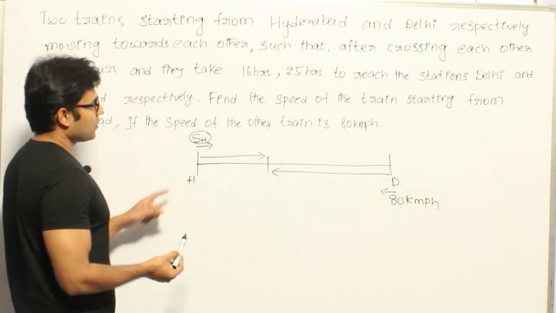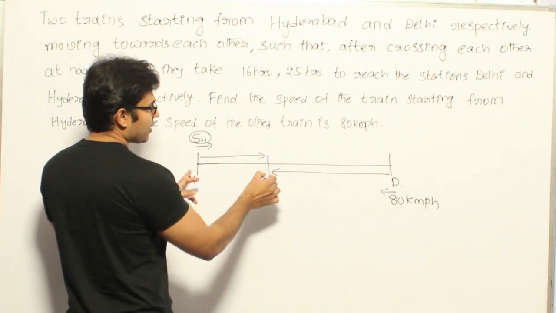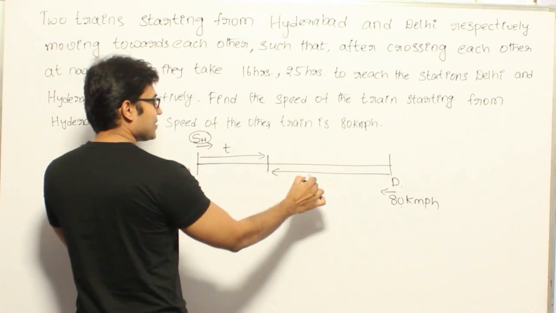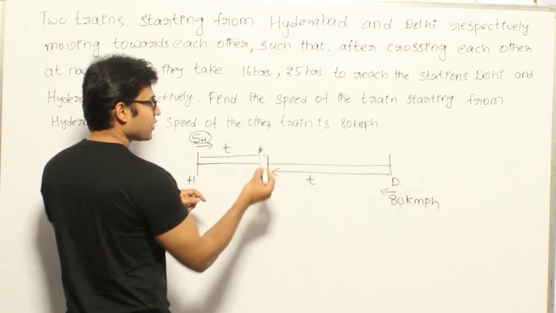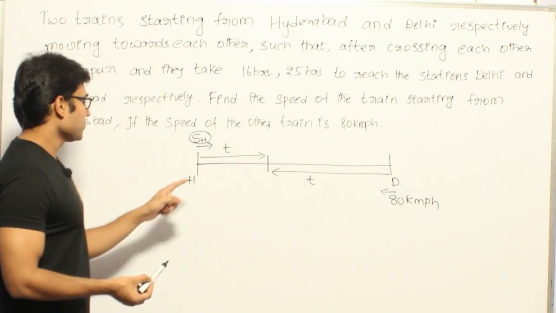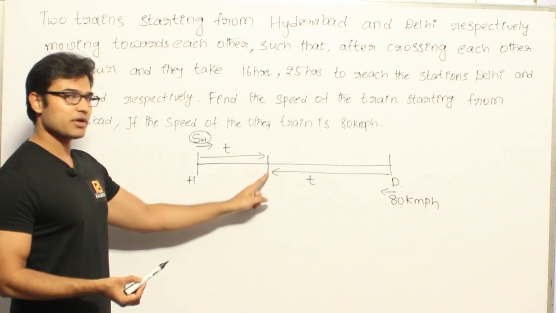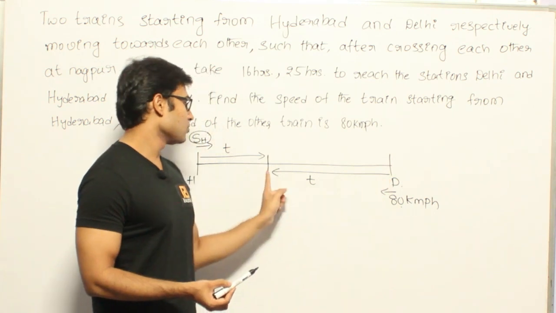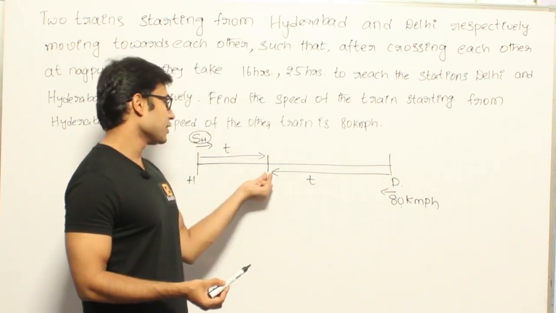So if they are going to meet at this point, the time taken by this train will be the same as the time taken by this train to reach this point. Time taken by the train starting at Hyderabad to reach this point should be equal to the time taken by the train from here to reach this. Then only they are going to meet at this point.